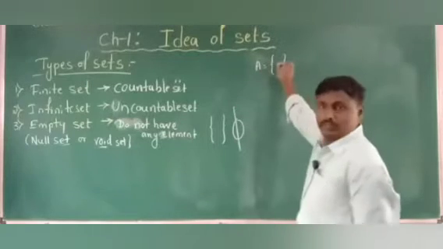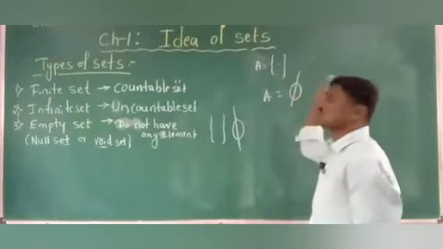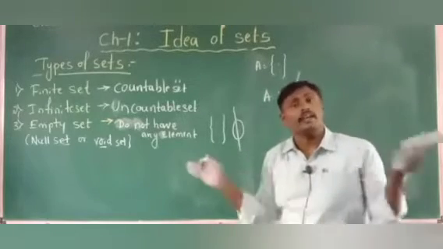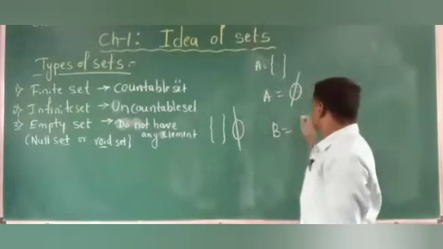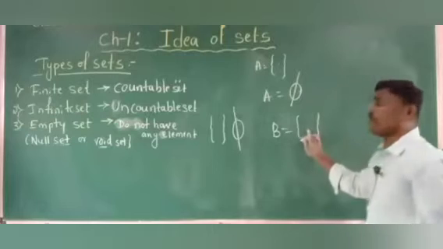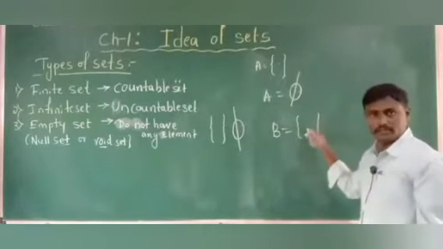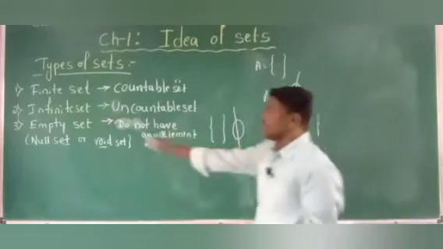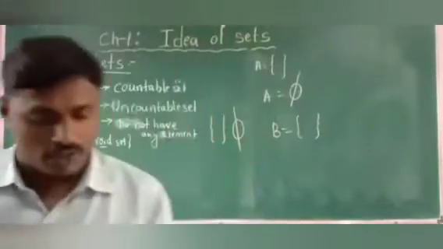For example, A is an empty set. Like this also, A is an empty set. It means the set A does not have any elements. Set B is an empty set. These empty braces indicate that the set B does not have any elements, right? So this is the third type of set, that is empty set. Empty sets usually do not have any values.